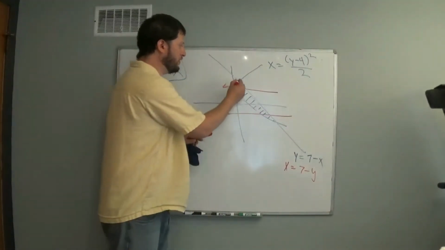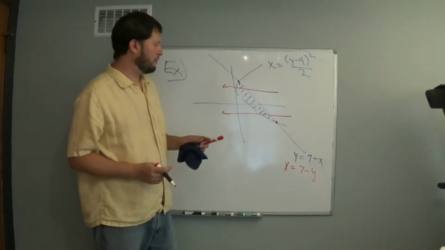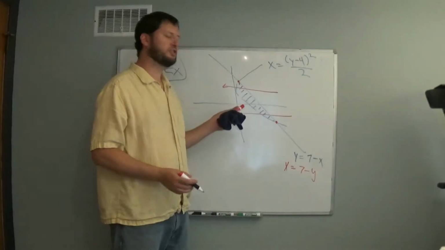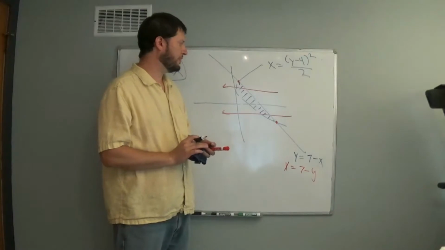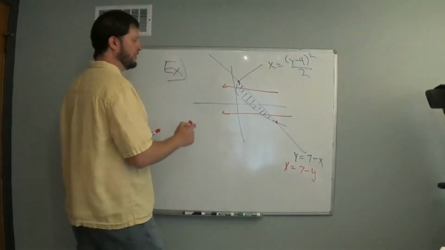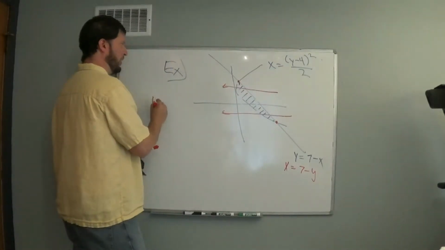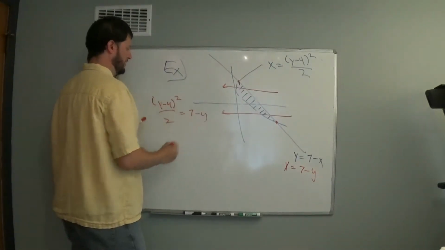We still need to find the intersection points so that we can figure out what our limits are. But now the intersection points are going to be in terms of y rather than x, since y is our variable. So let's do that. If we set these two equal, that gives us (y minus 4) squared over 2 is equal to 7 minus y.